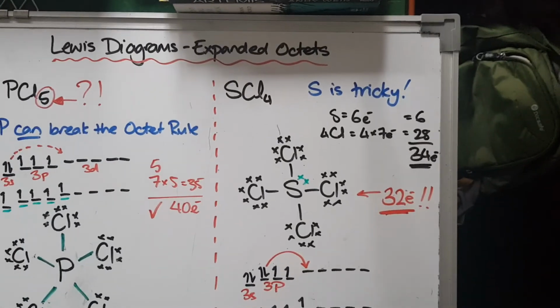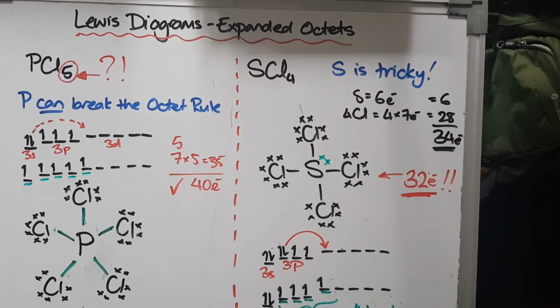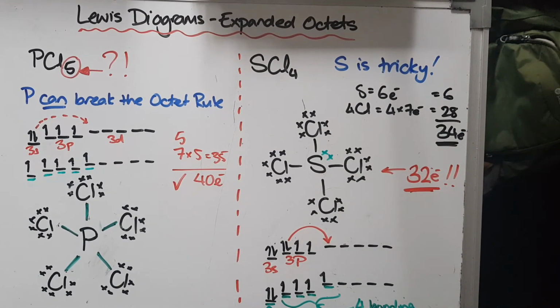So hopefully you can start seeing the link now between Lewis structures and our electron configurations that we did earlier in the topic. The best way to learn these is just do lots of practice of them, and the SciPad has got a lot of them, and I've put some in our notes section of our Microsoft Teams, which have got some that obey the octet rule and some that have expanded octet rule.